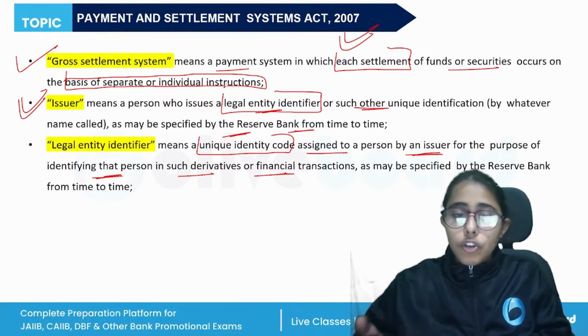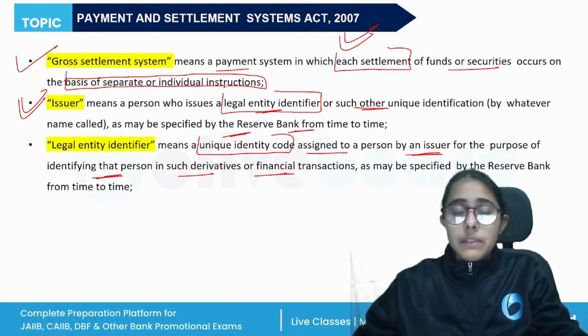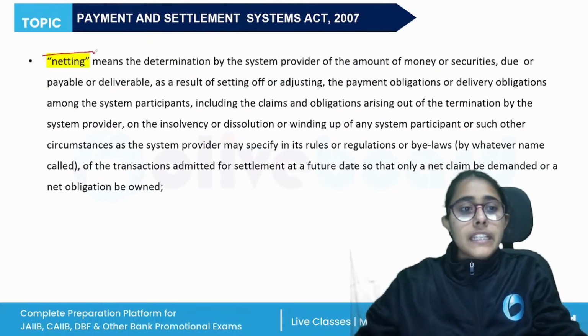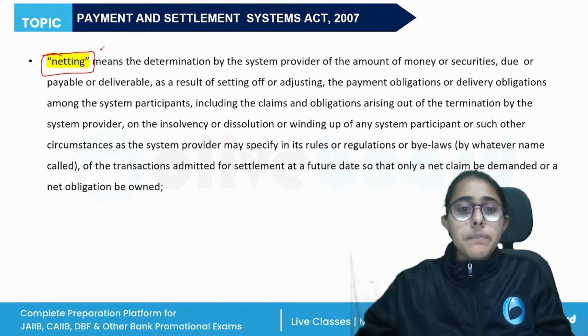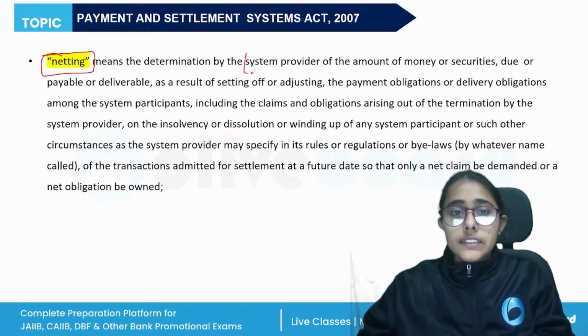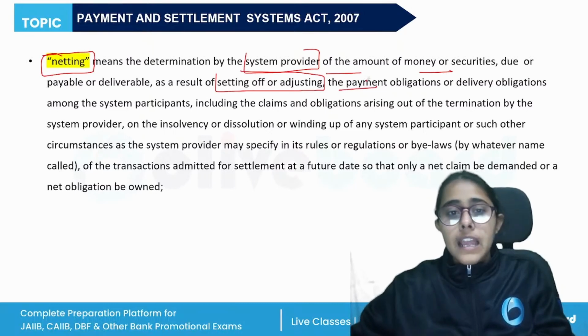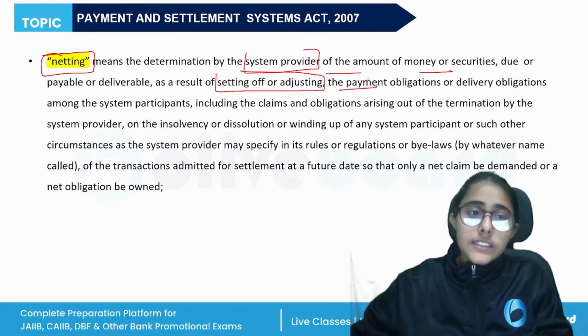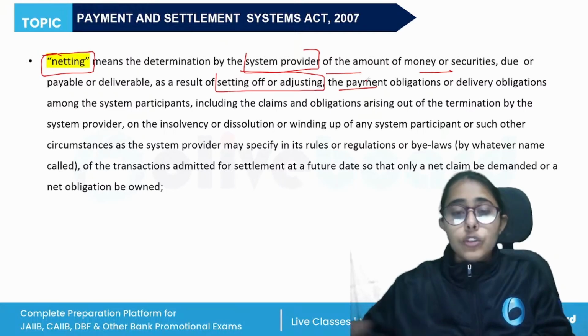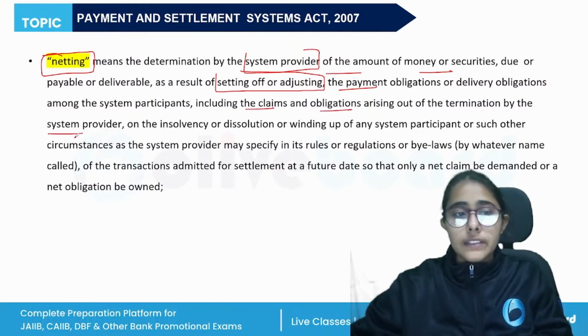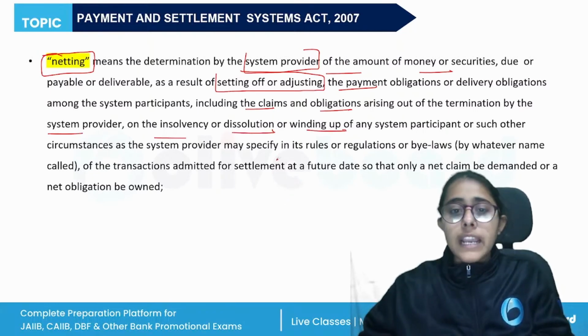We have seen the gross settlement. We also have the net settlement, or netting. What is the meaning of netting? Netting means the determination by the system provider of the amount of money or securities as a result of setting off or adjusting the payment obligations, including the claims and obligations arising out of the termination of the system provider, the insolvency, dissolution or winding up of the system participant, or any other circumstance.